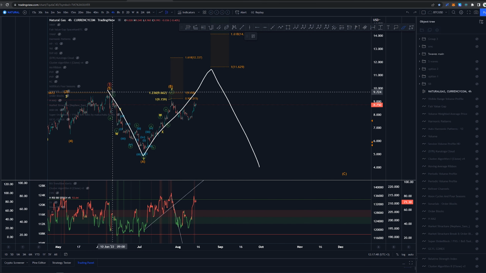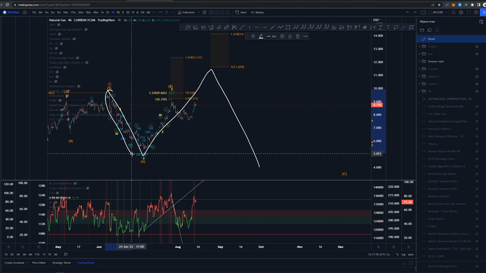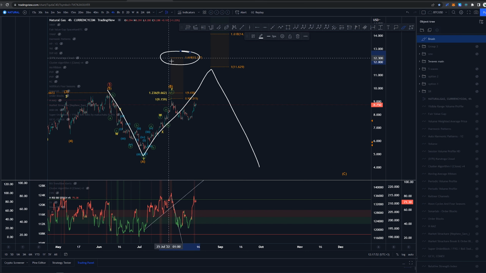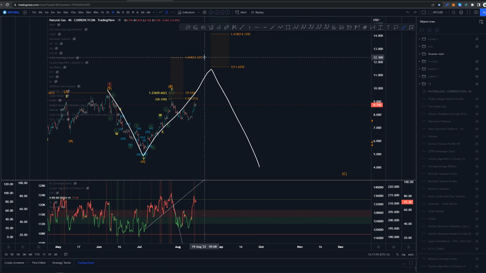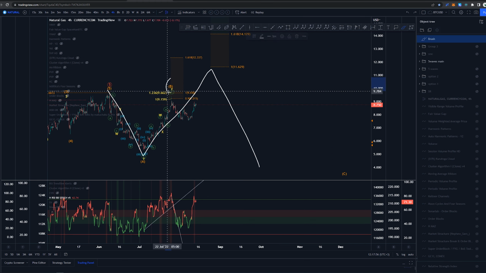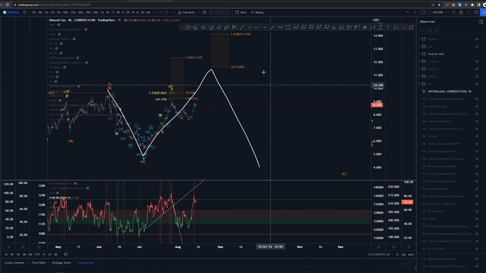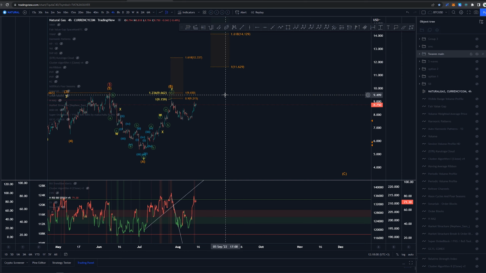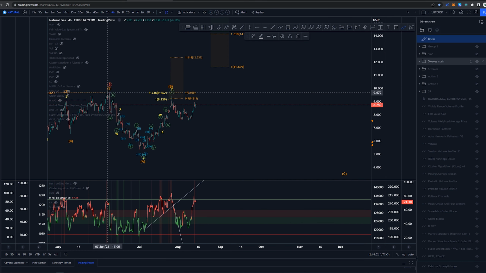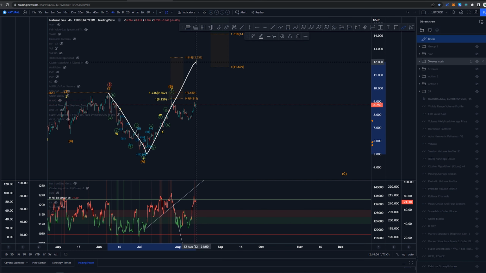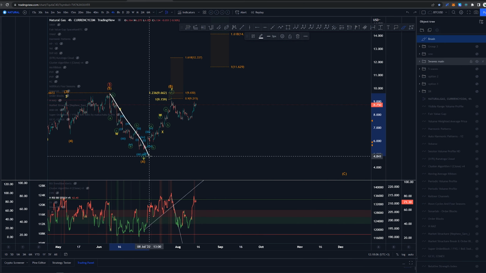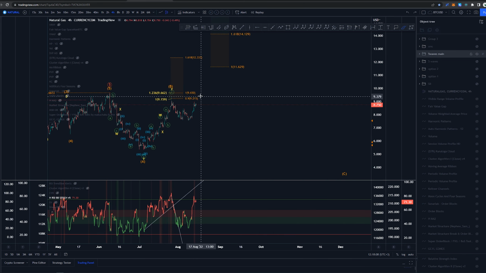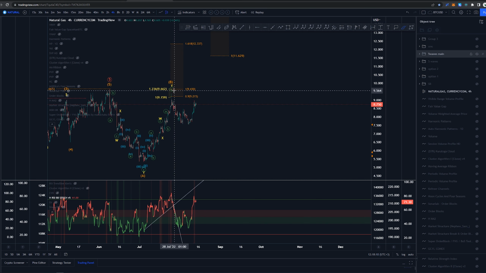The 1.618 extension, or sorry, retracement of this A wave here, around $12.3, is going to be the max we can see B wave going before invalidating this whole idea. The idea behind here is that we could be creating an expanded flat here instead of this flat pattern that we currently have. But again, that is just a backup plan if we are going to indeed take out these current highs around $9.4.